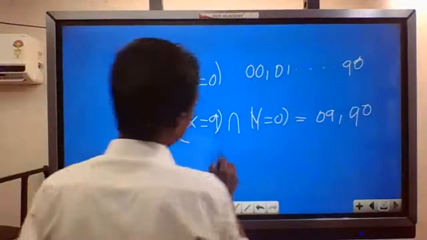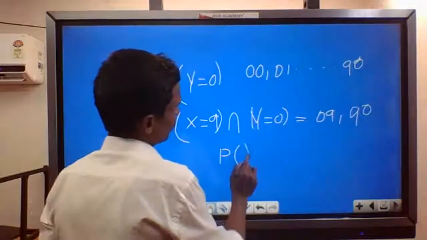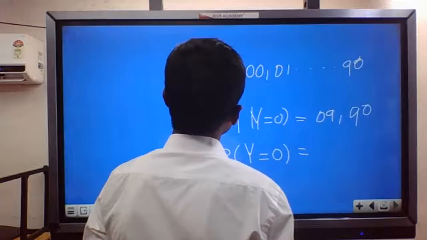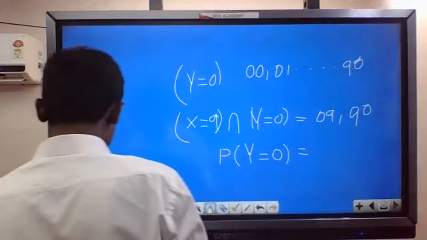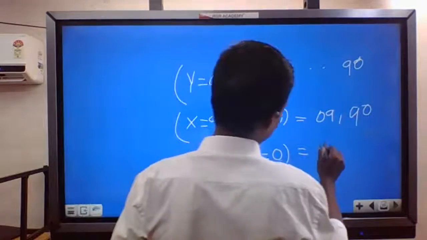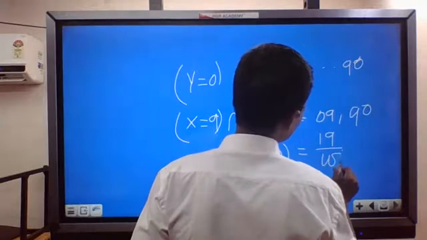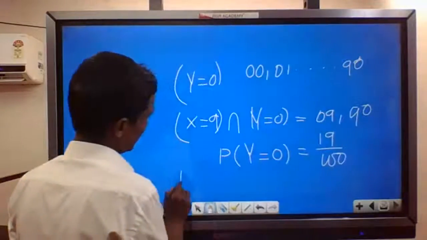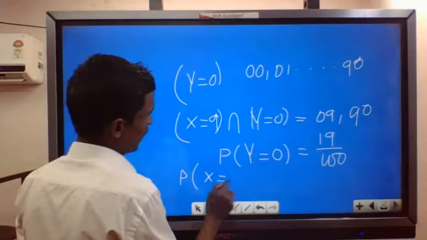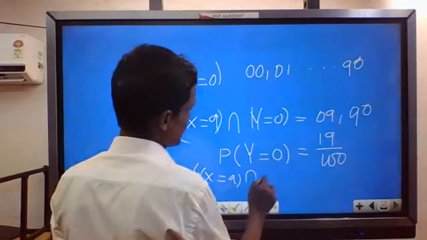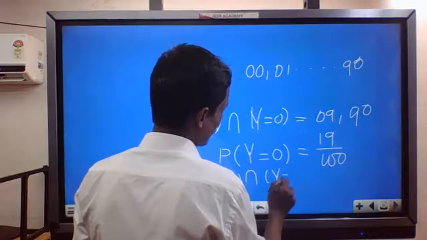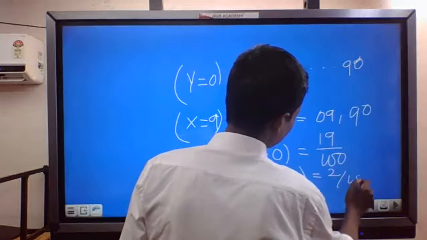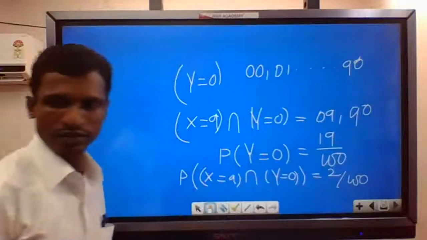First understand P of y equal to 0, which is 19 divided by 100. And P of x equal to 9 intersection y equal to 0 is 2 divided by 100.